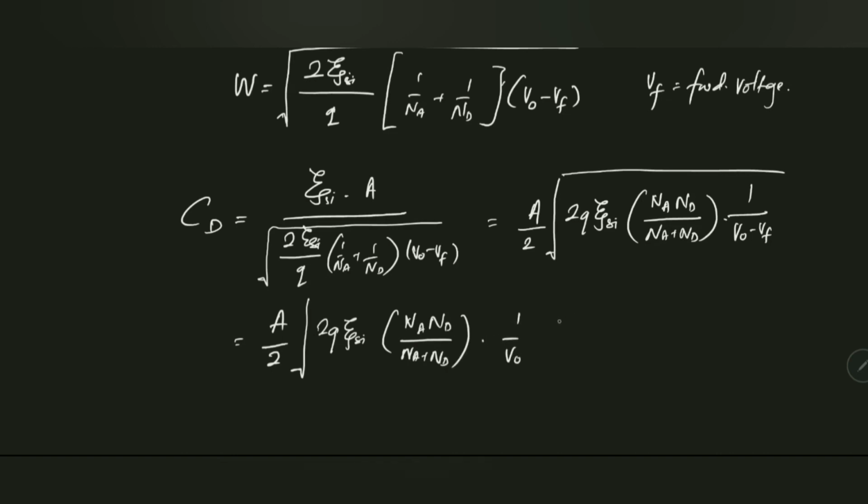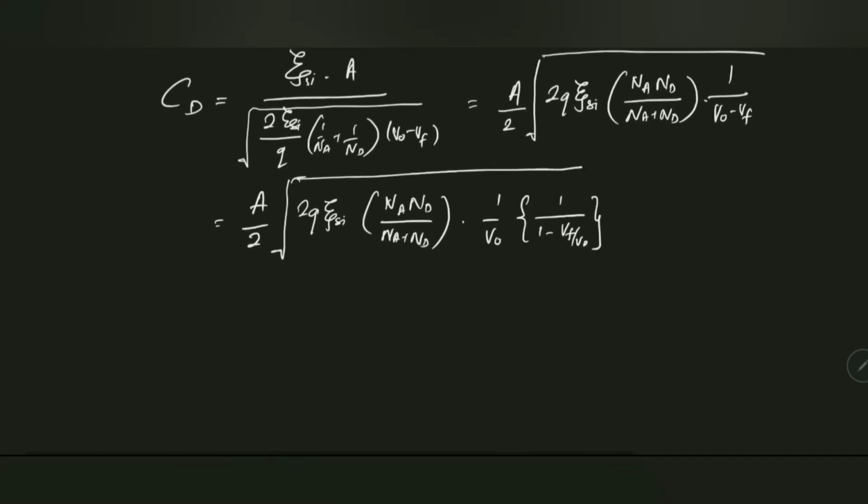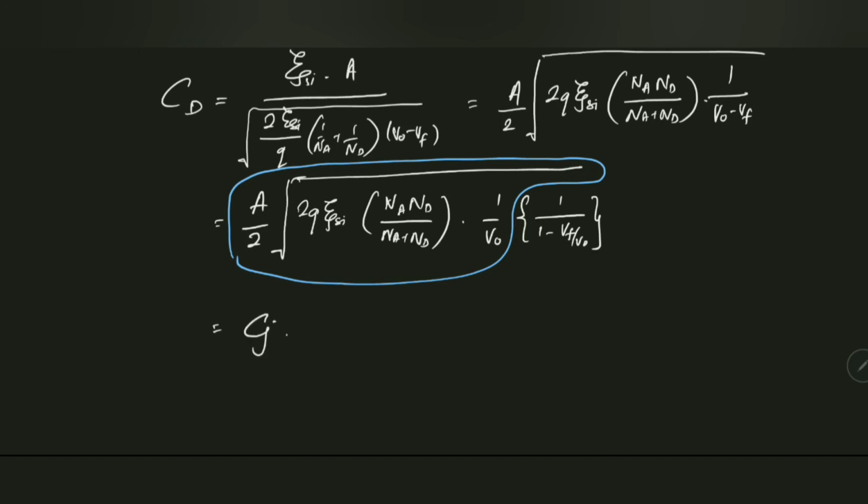I am taking V0 as common, so that I arrive at 1 divided by 1 minus Vf by V0, the whole root. You can again see this expression is very similar to Cj. So I can write it as Cj into 1 divided by 1 minus Vf by V0, under the root.